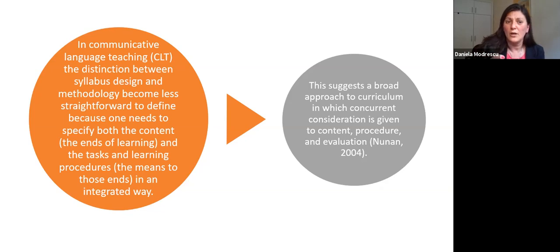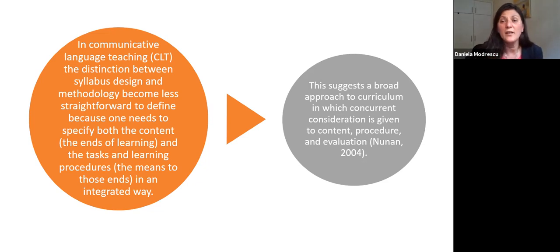In order to specify both content and methodology, and a little less so assessment if we see it as constructive assessment, these aspects are interconnected.